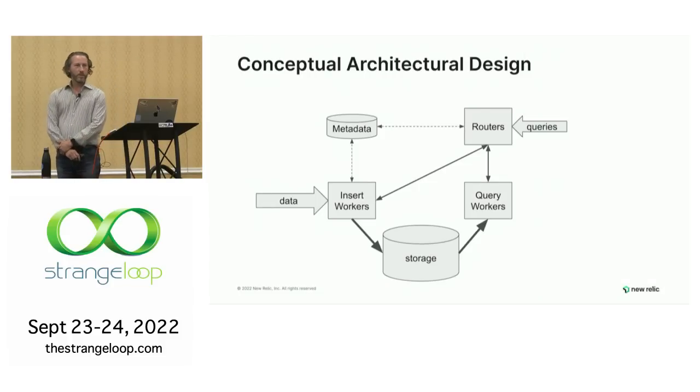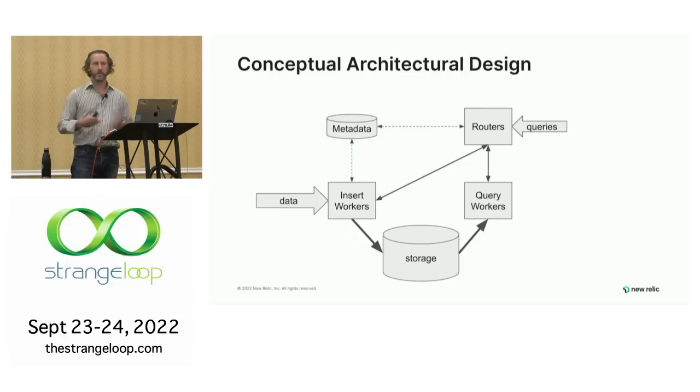So the overall conceptual design of the database looks like this. It's composed of an insert tier, so data comes into insert workers. It's written into files on disk, put into a storage layer.